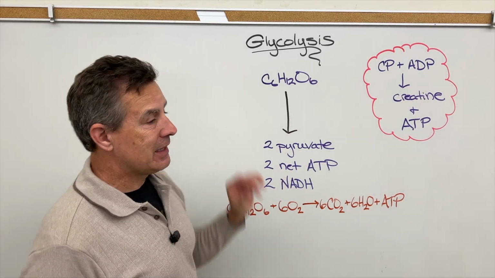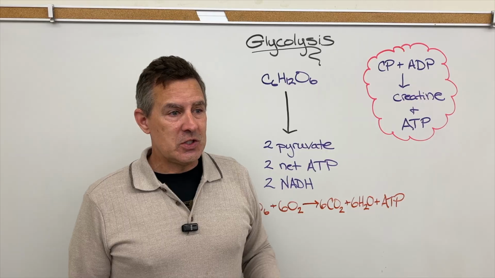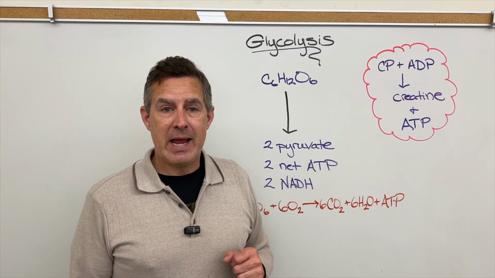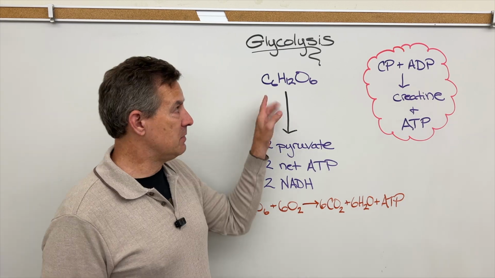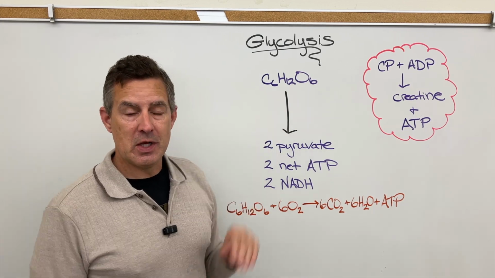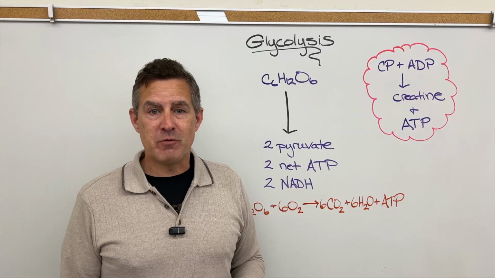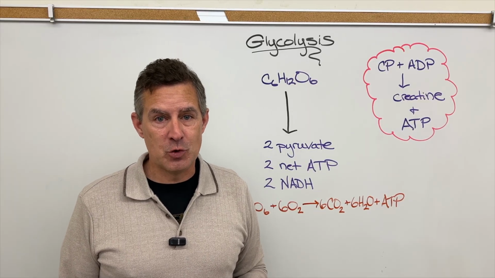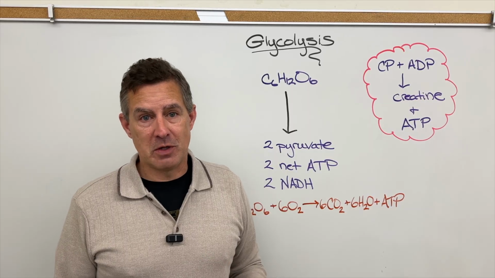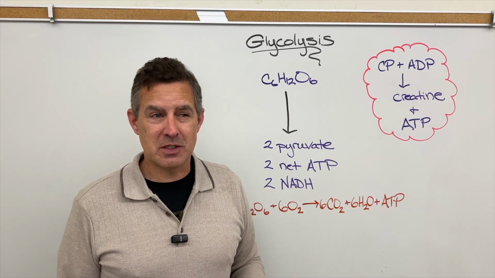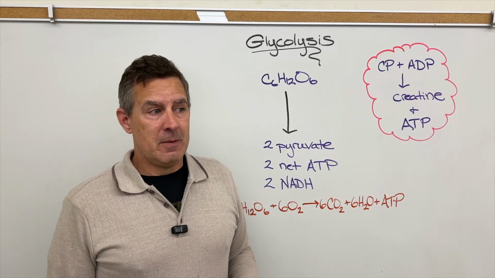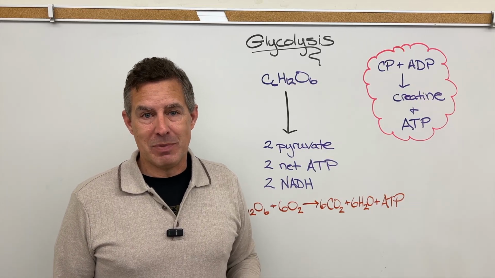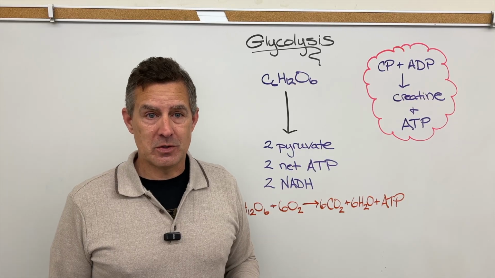Now, I want to be clear, glycolysis can occur with other molecules, it can occur with lipids and proteins, but oftentimes it's using glucose. And as far as glucose goes, we've talked about monosaccharides, glucose, galactose, and fructose, which are all very similar. They're all C6H12O6, but slightly different. 80% of the monosaccharides circulating through the blood are glucose molecules.